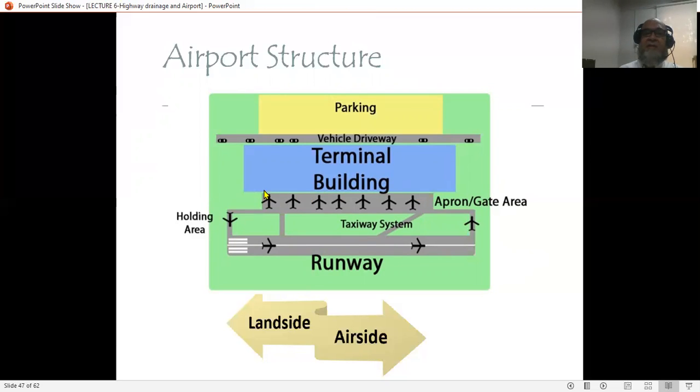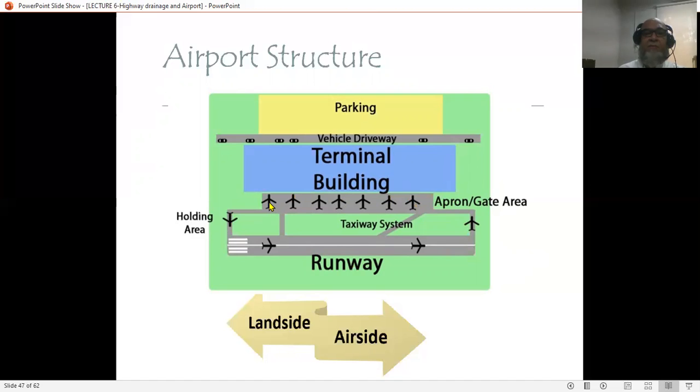So what happens? This aircraft gets loaded with cargo and passengers, and it starts moving towards the runway. The portion where the aircraft is parked for being loaded and unloaded is known as an apron.